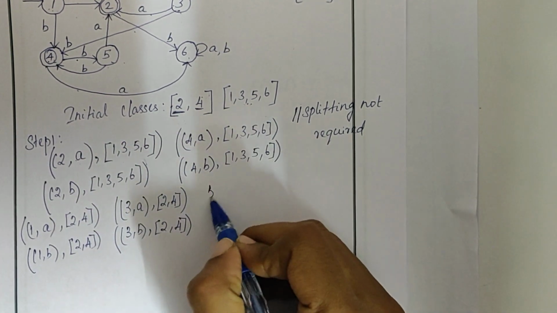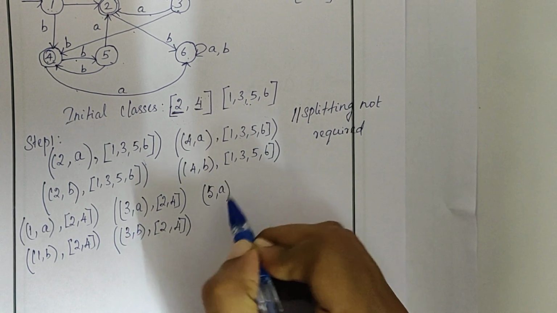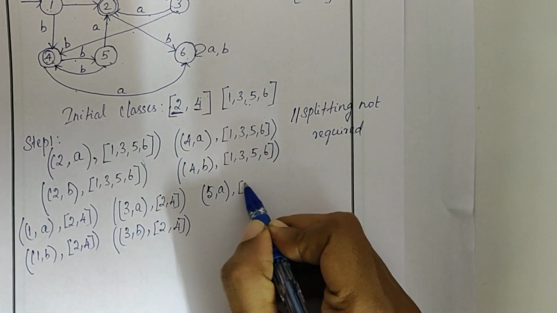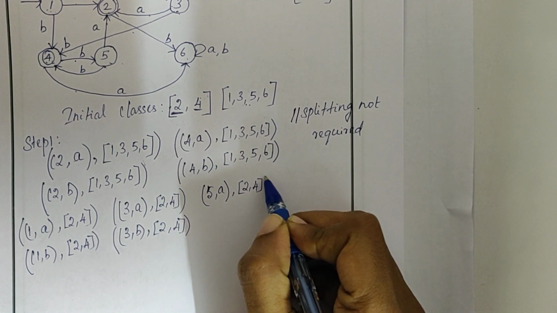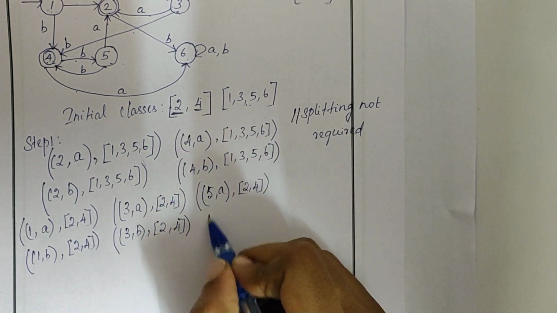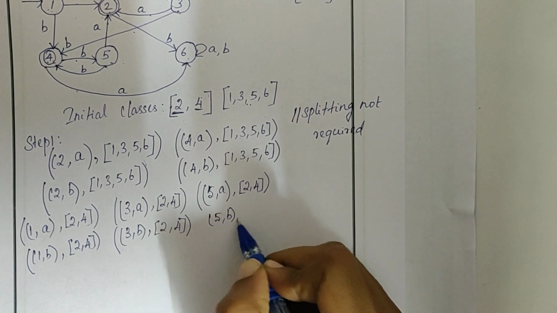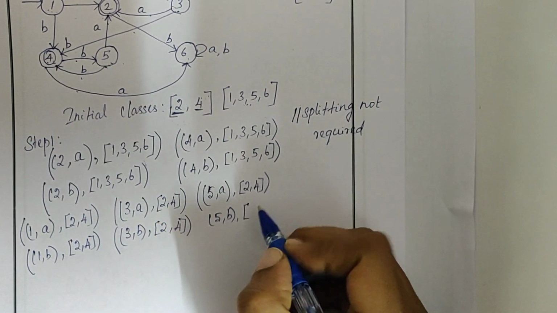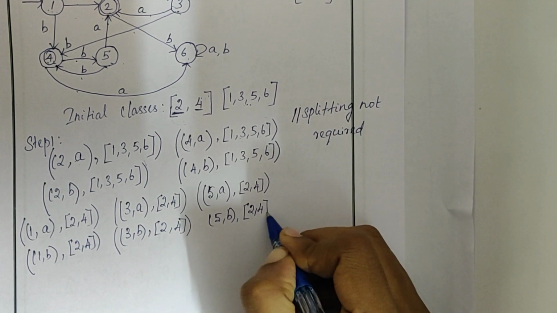Next, 5 comma A: it is moving to 2, class is 2 comma 4. Next, 5 B: it moves to 4, so it is 2 comma 4.